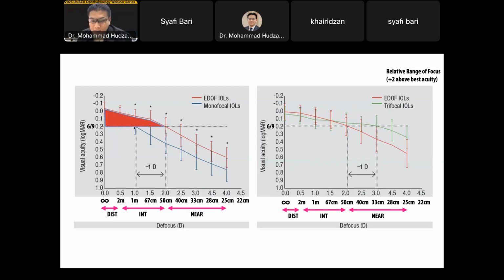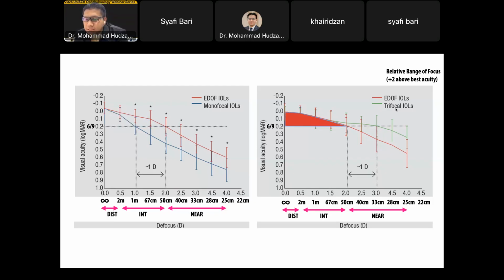How about EDOF? An EDOF lens can provide good vision of 6/9 and above from infinity until 2 diopters of minus lens, so around 50 centimeters. This is the EDOF property.